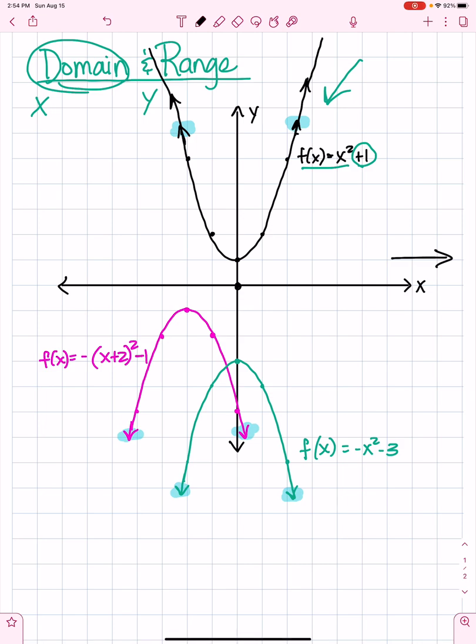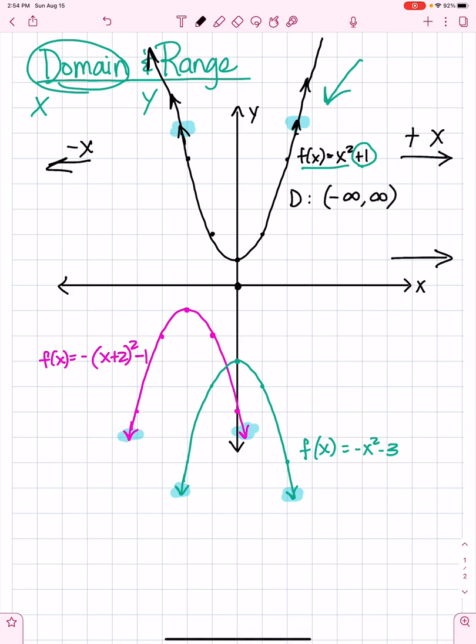So eventually, all of the positive x values in this direction are going to be covered by this graph, and all of the negative values are going to be covered as it increases up and to the left in this direction. So for the domain of this graph, it includes negative infinity all the way to positive infinity.